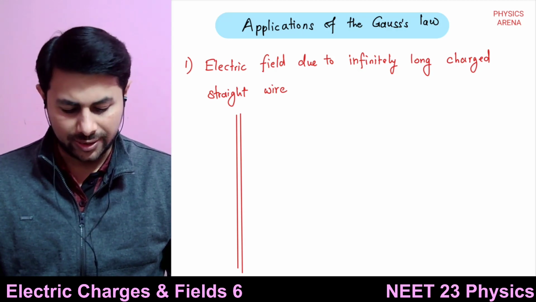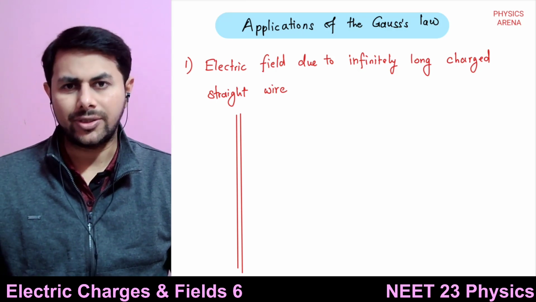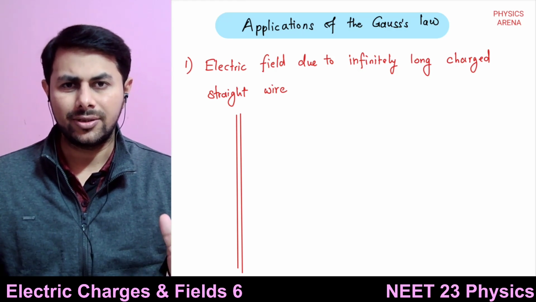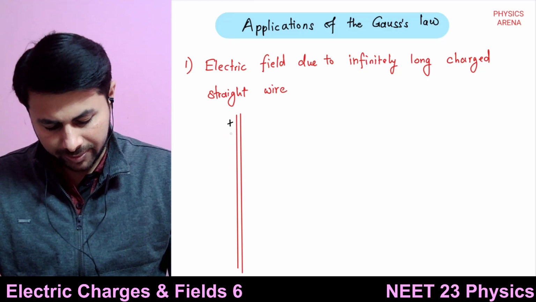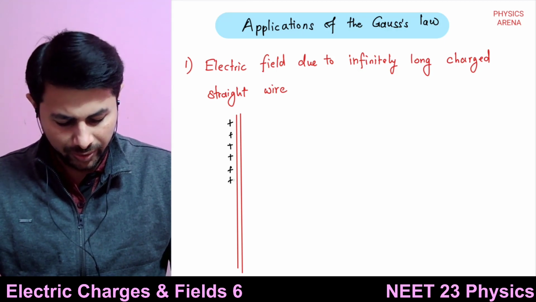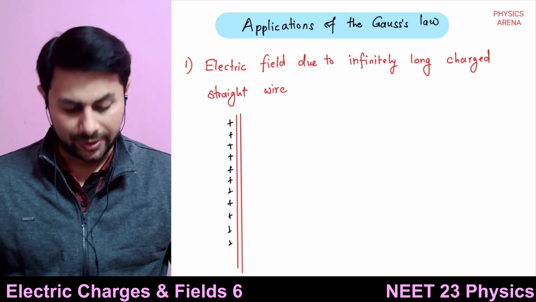There is some positive charge uniformly distributed all over the length of this wire. So charge plus Q is uniformly distributed all over the length of this wire.